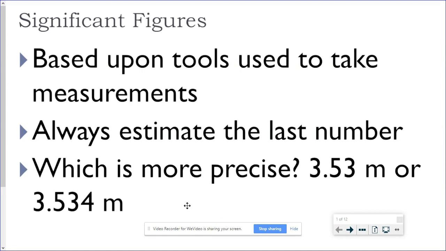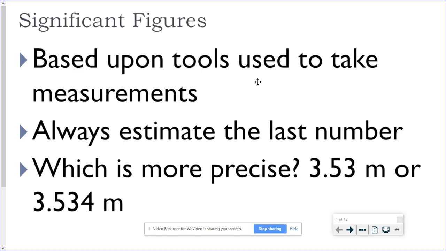And what significant figures do is tell the reader of your data how accurate or how precise the instrumentation that you were using to get your measurements is. So sig figs are based on, like I said, the tools that we're using.